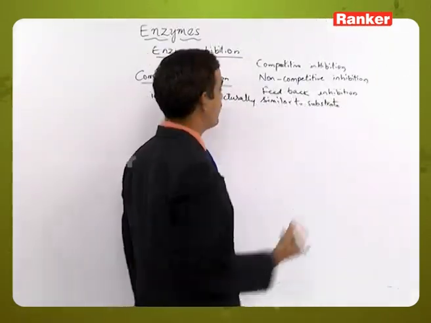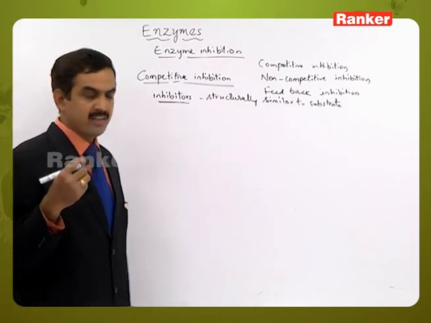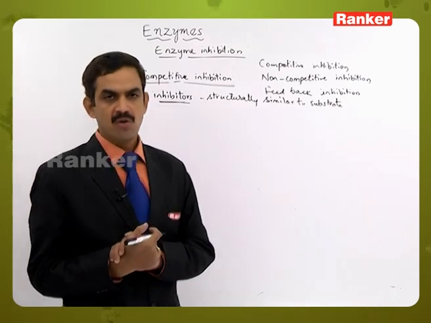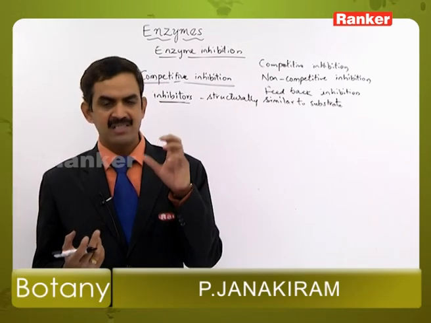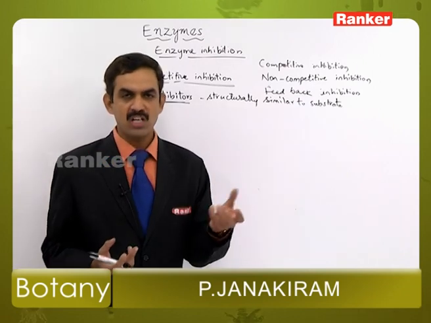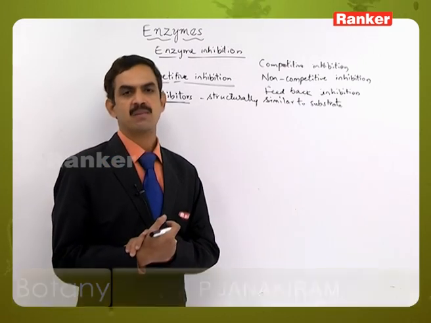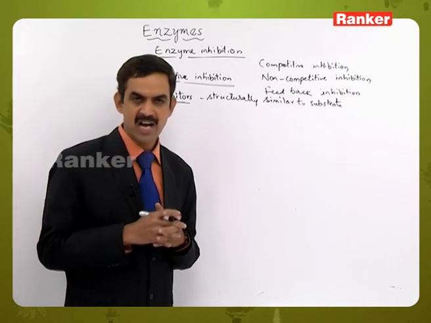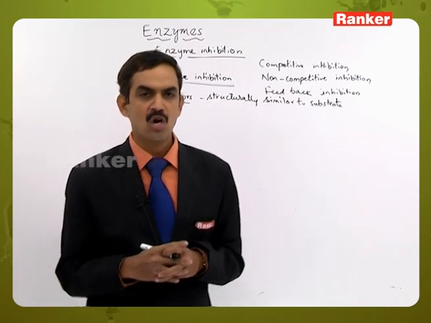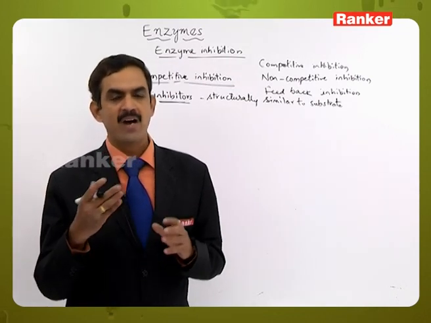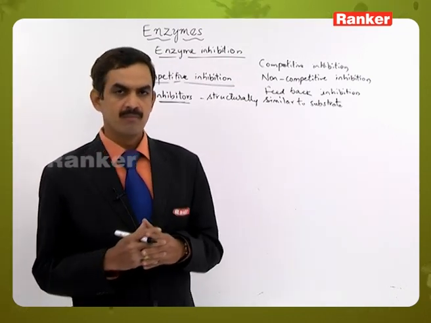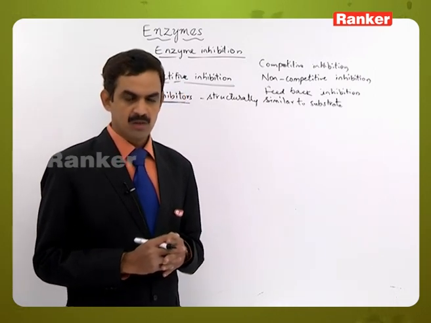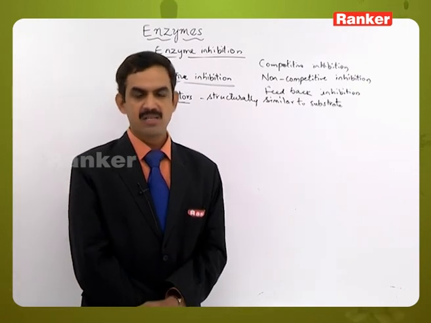As they are structurally similar, when the inhibitors reach the active sites of the enzyme molecule, the enzyme considers that as a substrate molecule and will provide the active sites for that inhibitor. Once the inhibitor comes and occupies the active sites, the enzyme is not able to provide the active sites for the actual substrate molecule. That is the way this inhibition is taking place.